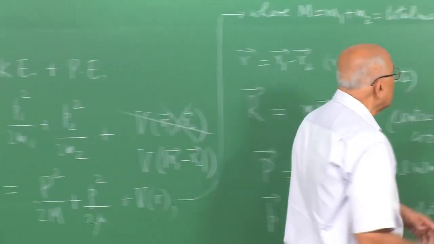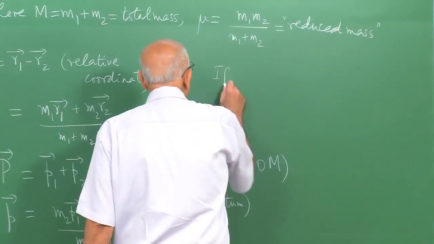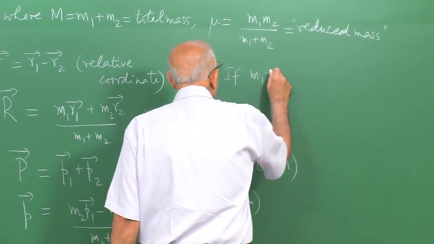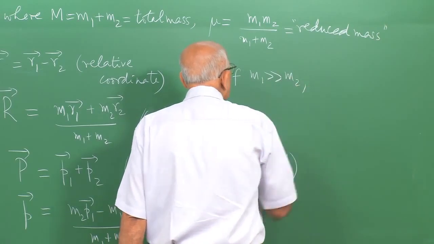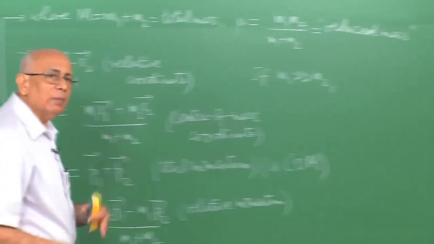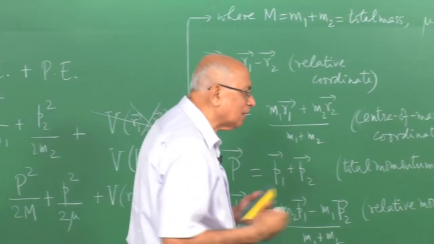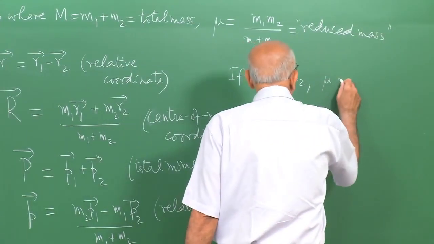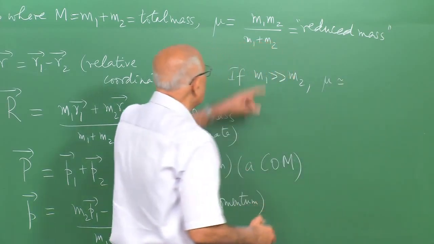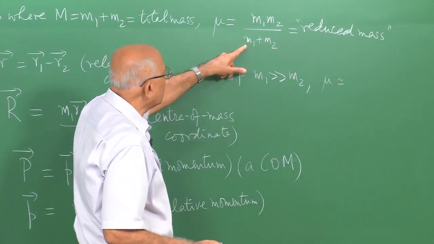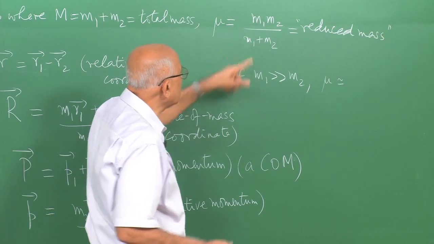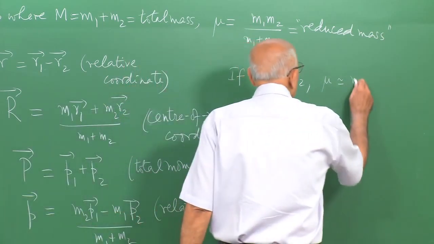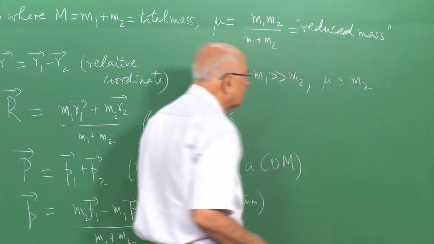Notice that if m1 is much greater than m2, so one of the particles is very much more massive than the other one, then mu is approximately equal to, you can neglect this m2 compared to this m1, the m1 cancels out, then this is approximately equal to m2.